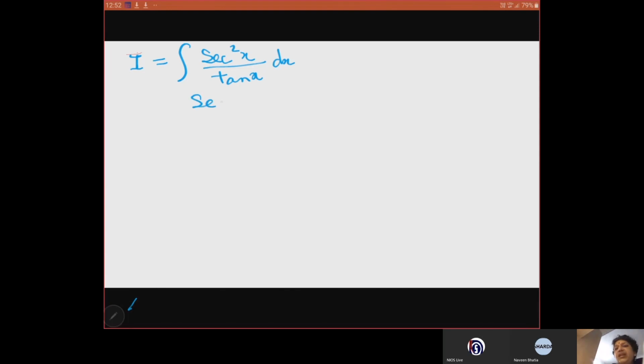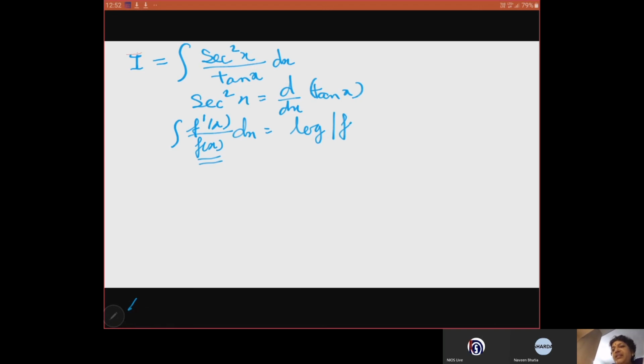Sec square x is nothing but the derivative of tan x. So if you remember that the integral of f dash x upon f(x) dx is log of mod of the denominator, that is f(x), then the answer to this integral, you can directly write as log mod tan x plus c.